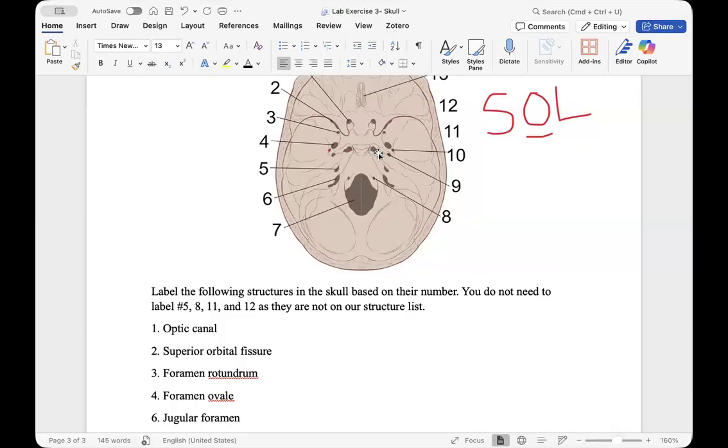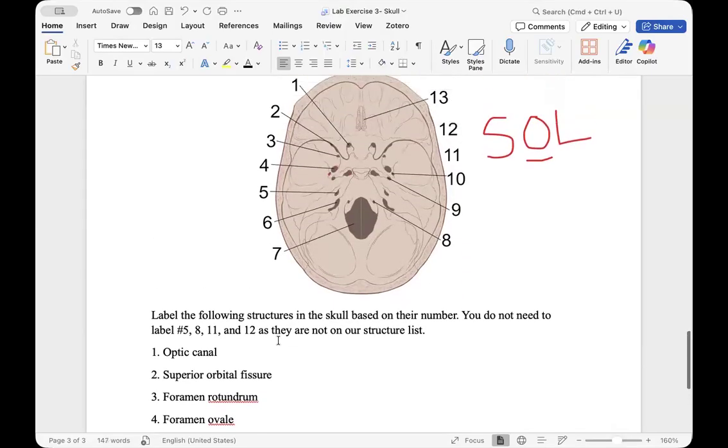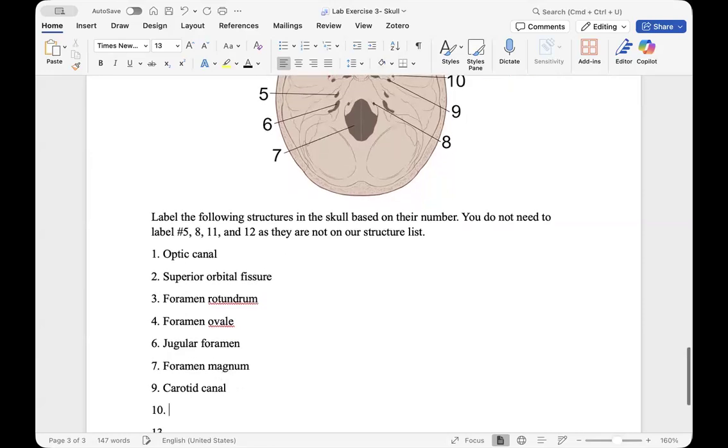You won't really see it. Number 9 is actually our carotid canal. We then move on to number 10, which is part of our SOL. This is foramen spinosum.